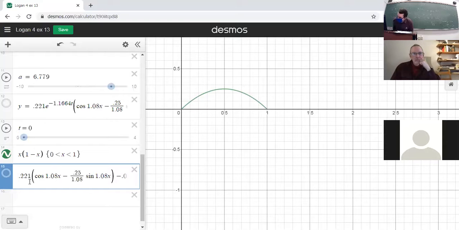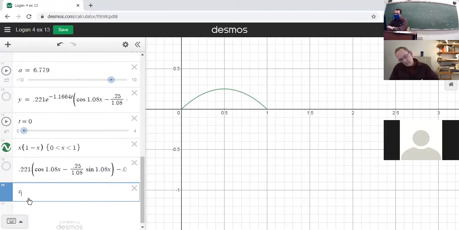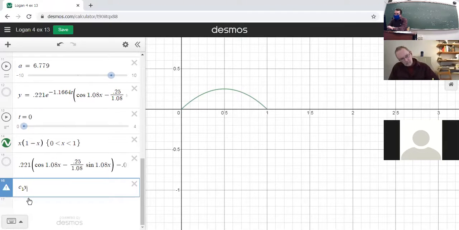So in other words, here's the graph of the first three terms of the Fourier series. So this is like C1 times y1 plus C2 times, just so you're clear what I'm doing, it's y2 plus C3 times y3.